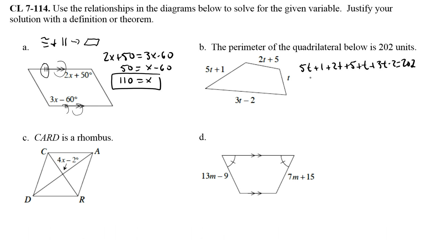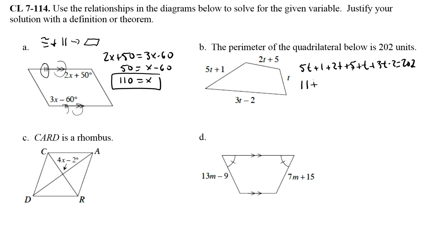So you could probably do this as your first step. So you've got 5t, 2t is 7t, 8t, 11t. So 11t, then we have 1 and 5 is 6, minus 2 is, oh no, actually that's going to be plus 4.